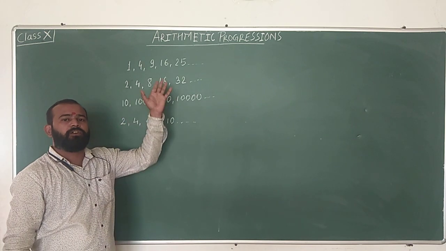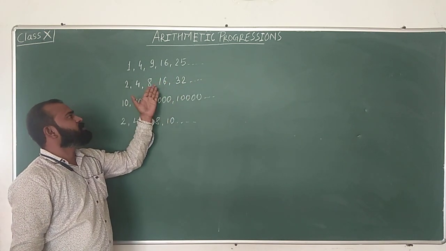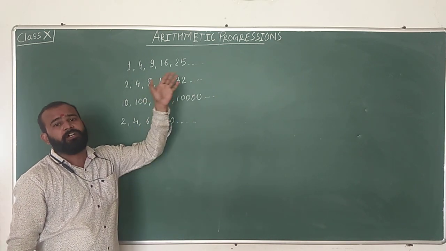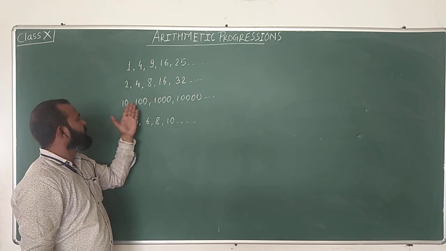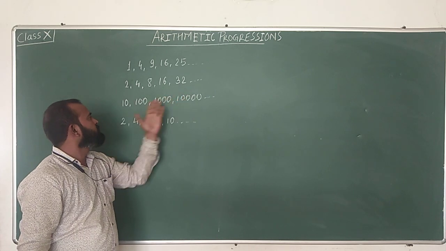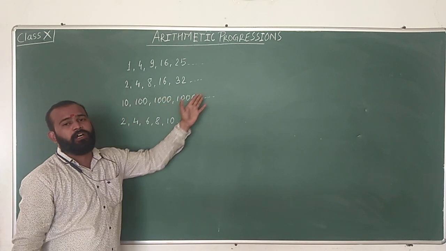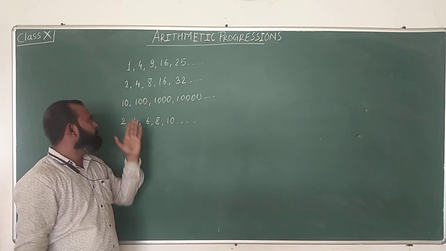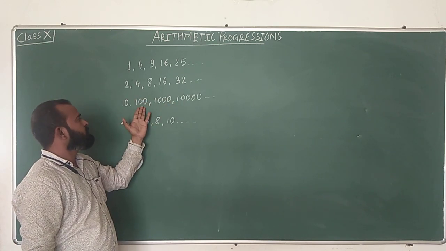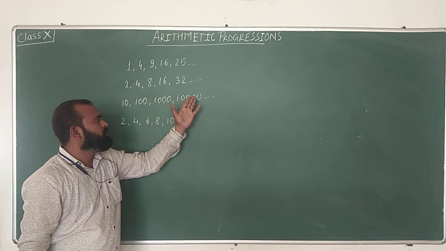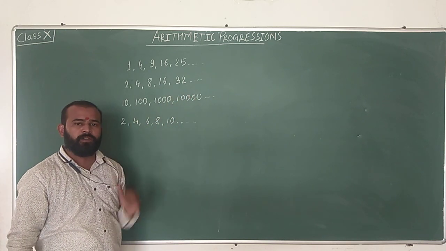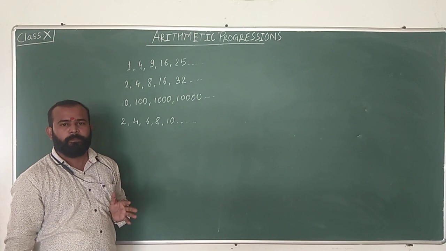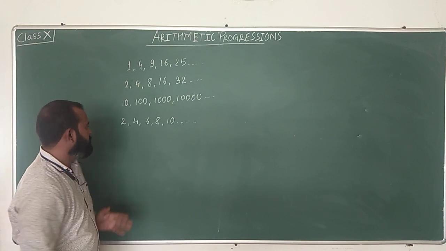This list can also be defined by some rule or by some pattern. Here 10, 100, 1,000, 10,000 and so on. These are also the powers of 10. 10 to the power 1, 10 square, 10 cube, 10 to the power 4 and so on. This list can also be defined by some rule, some pattern.